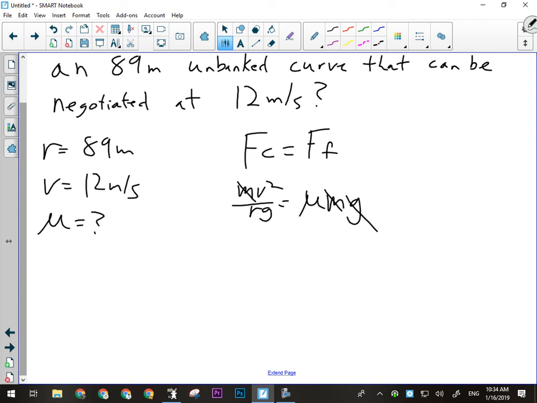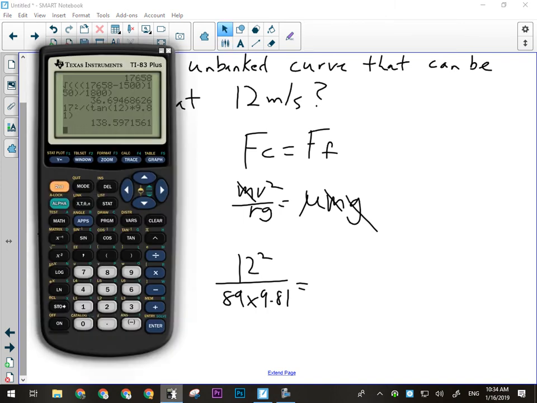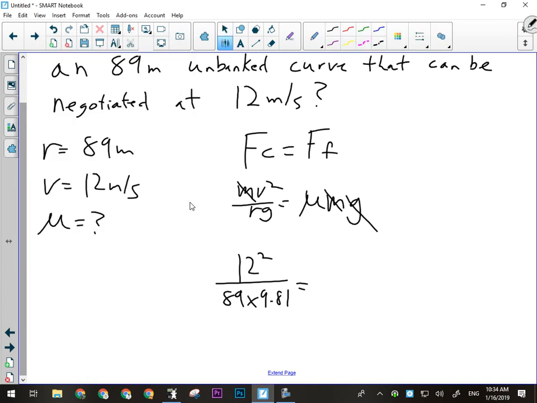So we have 12 squared divided by 89 times 9.81. All right, so our coefficient of friction is 0.16. And remember, there's no units on the coefficient of friction.